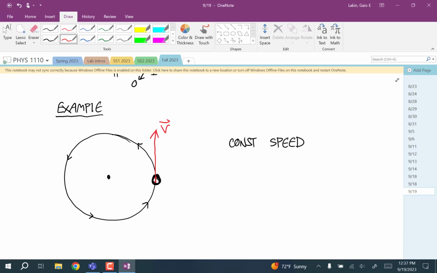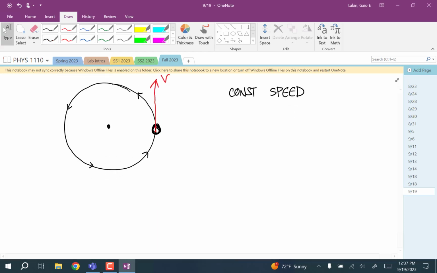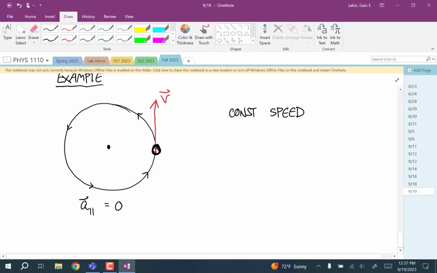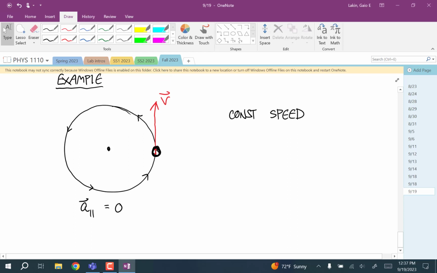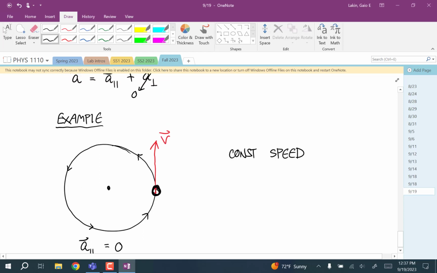Is the object changing speed? No, so the A parallel is equal to 0. Is it turning? Yeah, anytime it's not traveling on a straight line, it's turning. So now you have to think, which way is it turning? From the way I have it drawn here, is it turning to the left or the right?